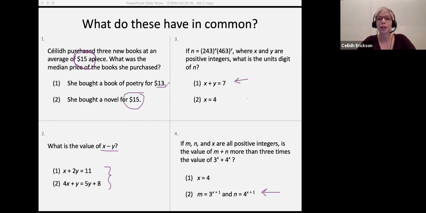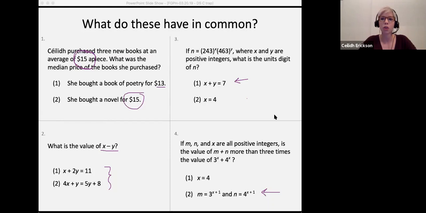So really this idea of looking for the more helpful statement is mostly applicable to number 3 and number 4 here, but just something to keep in mind. If you find yourself over-choosing C, there's probably a reason for that. Questions on this?